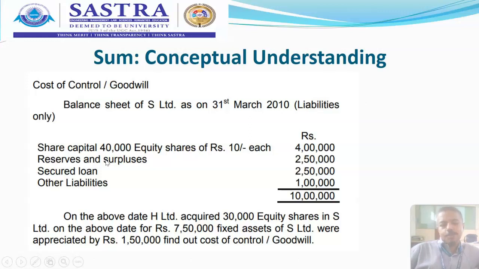So only 3/4 we have a portion in the general reserve. We can't have control over the entire 2,50,000. So after 2,50,000, the reserves and surplus, whatever they have, 3/4 has to be subtracted. So how much is the 3/4?